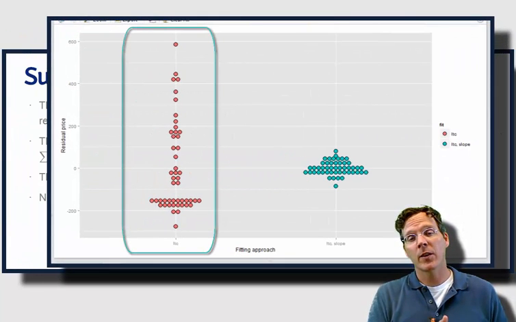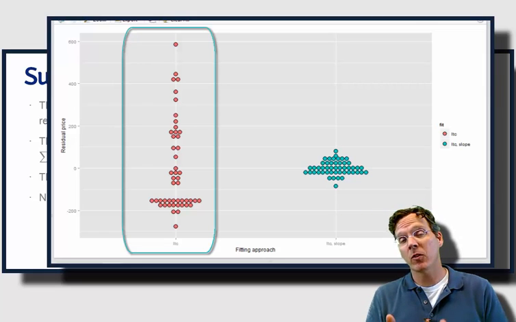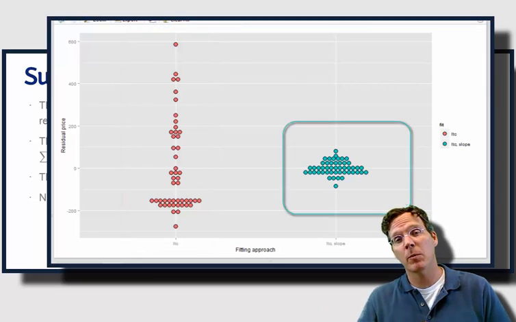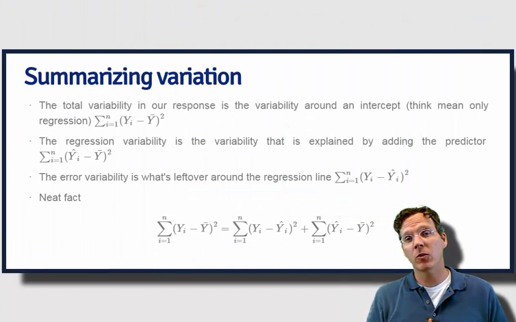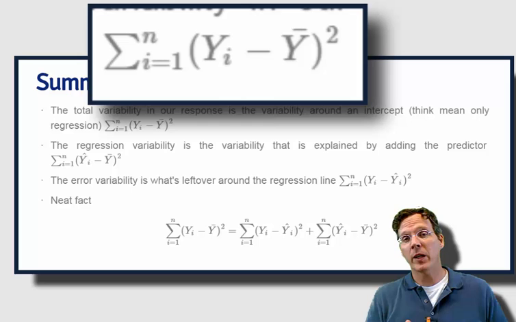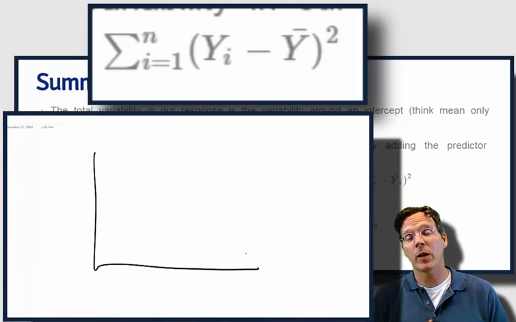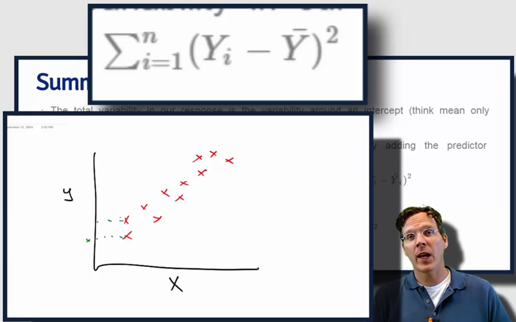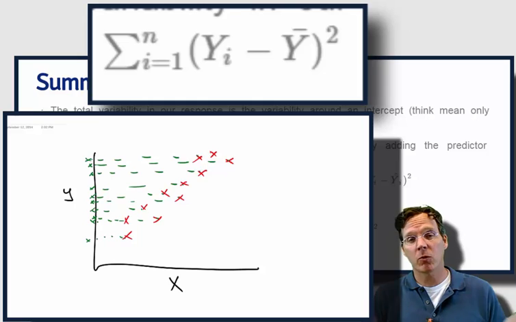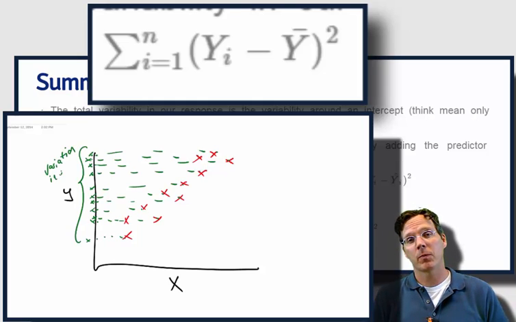Now let's go back to this plot where we look at the total variability in diamond prices and then compare what happens to the variability when we explain some of that variability with the regression line. So the total variability is just the average squared deviation of my data around its mean, around the center. And just to make things easy, let's forget about the denominator and just talk about the sum of the squared deviations.